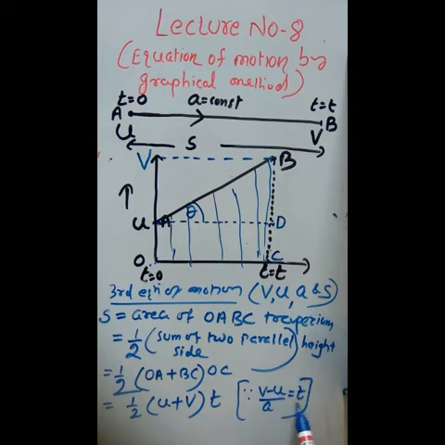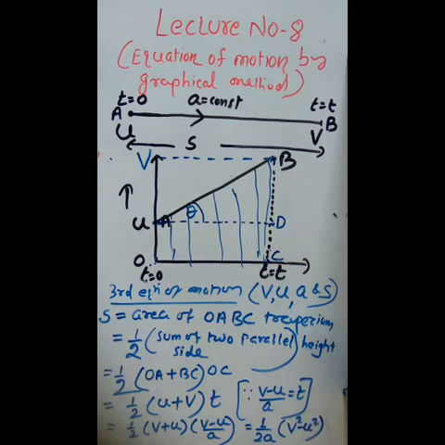Again, from the first equation of motion, we know v minus u by a is equal to t, because v minus u is equal to at, or v is equal to u plus at. So now in place of t, you write v minus u by a. So s is equal to half into v plus u into t, where t is equal to v minus u by a. So it equals v plus u into v minus u by 2a. a plus b into a minus b is a square minus b square, so v plus u into v minus u is v square minus u square.